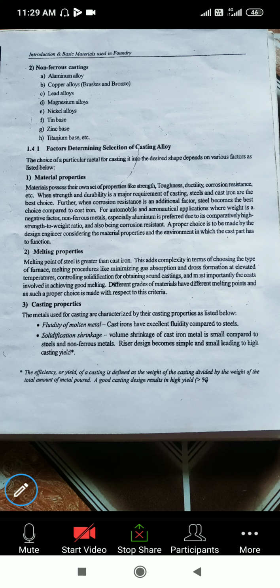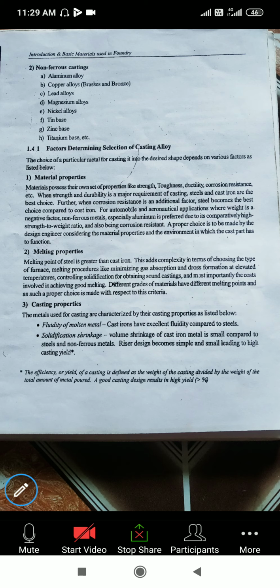The metals used for casting are characterized by their casting properties, as listed below. The fluidity of the molten metal: cast irons have excellent fluidity compared to steel. Solidification shrinkage: the volume shrinkage of cast iron is small compared to steel and the non-ferrous metals.